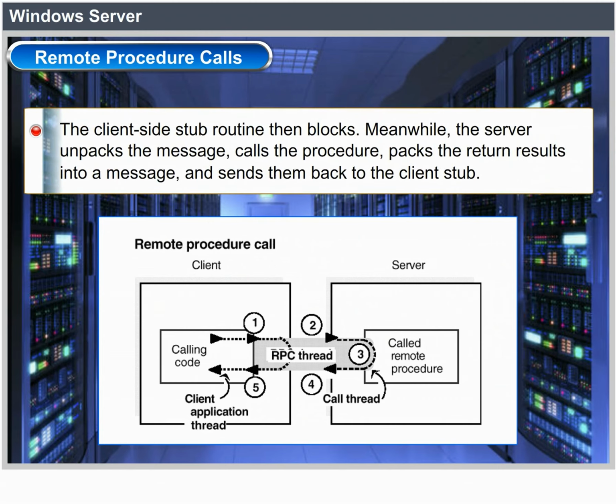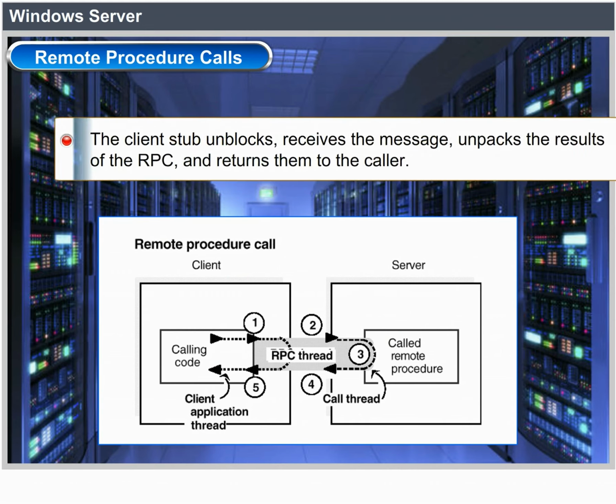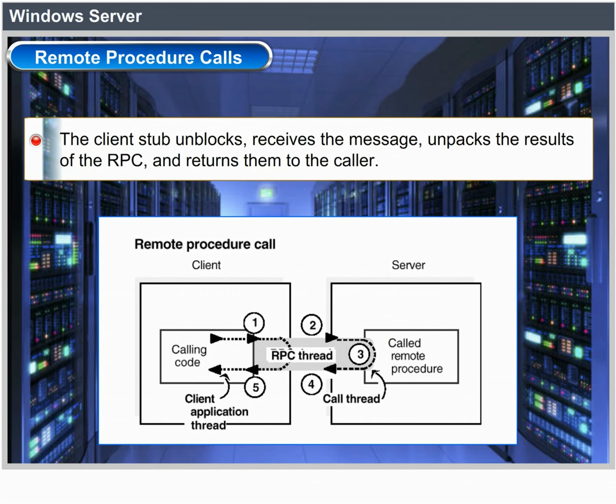The client-side stub routine then blocks. Meanwhile, the server unpacks the message, calls the procedure, packs the return results into a message and sends them back to the client stub. The client stub unblocks, receives the message, unpacks the results of the RPC and returns them to the caller.